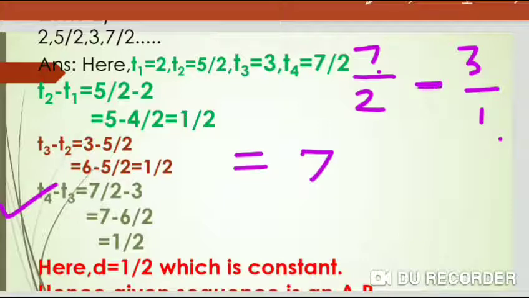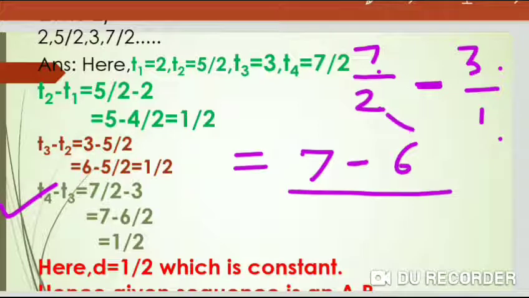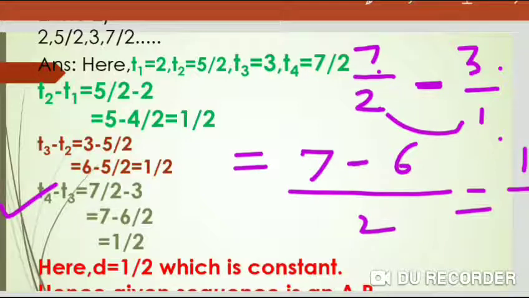The sign is minus, therefore we write minus, and 2 threes are 6, upon 2 ones are 2. Now again the subtraction is 1 and the denominator is 2. See carefully, we get the common difference D is equal to 1 upon 2.